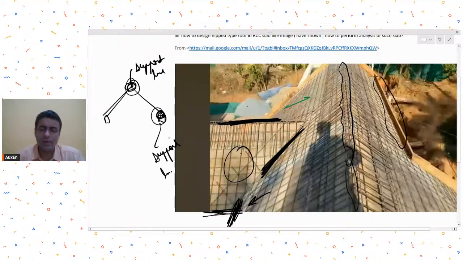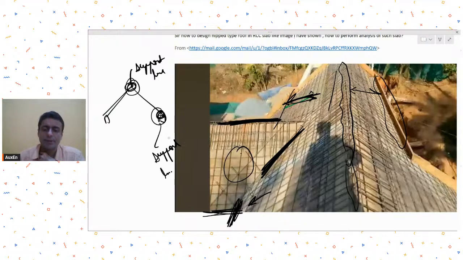While doing analysis, an easy way is that once you have the support lines, you can assume a one-way behavior. Assuming one-way behavior will give you a conservative result. You are not considering the behavior of the slab in the other direction, just the slab behavior spanning between these support lines.